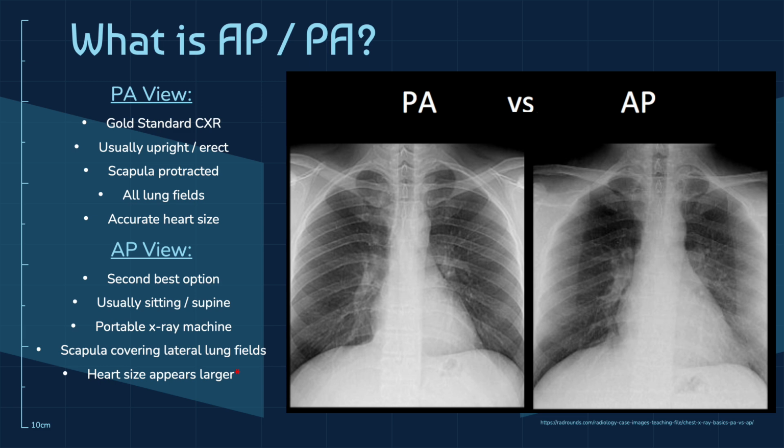However, with an AP view, they're mainly used when patients are in too critical of a condition to stand erect, typically in locations such as the ICU or post-op or in the emergency department where the patient's possibly unconscious. And they are usually taken with a portable chest x-ray machine. You can even notice that the scapulas cover the lateral lung fields and the heart usually appears much larger.